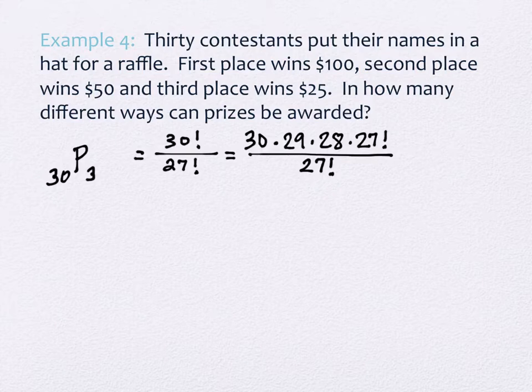So at that point, the 27 factorials cancel because they match completely and totally. They don't just have something in common, they are completely and totally the same. And then your calculator only needs to multiply 3 numbers together, 30, 29, and 28. And if you do that, what do you get? 24,360 different ways.